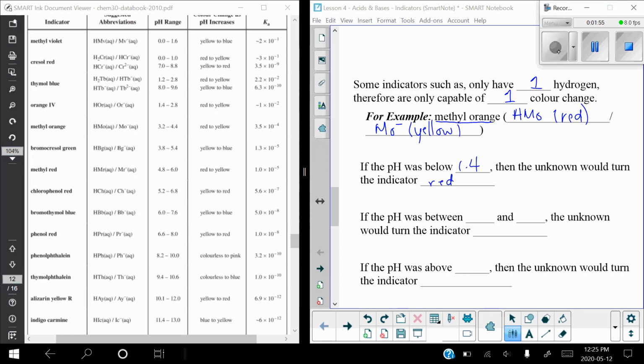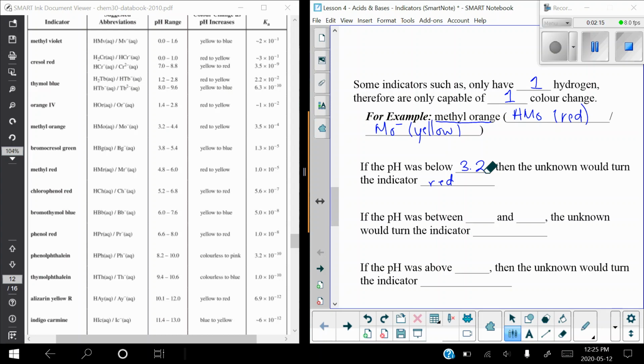Sorry, this is not 1.4. Okay, it is actually going to be 3.2. So if it's below 3.2, then the unknown would turn red.